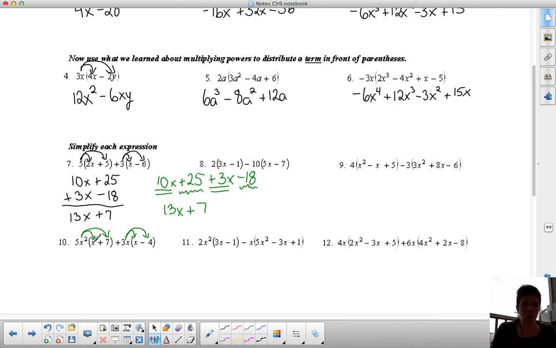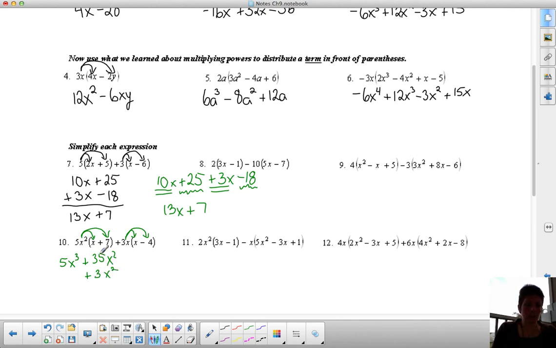And 5x squared times x gives me 5x to the third. 5x squared times 7 will give me plus 35x squared. 3x times x is going to give me plus 3x squared.